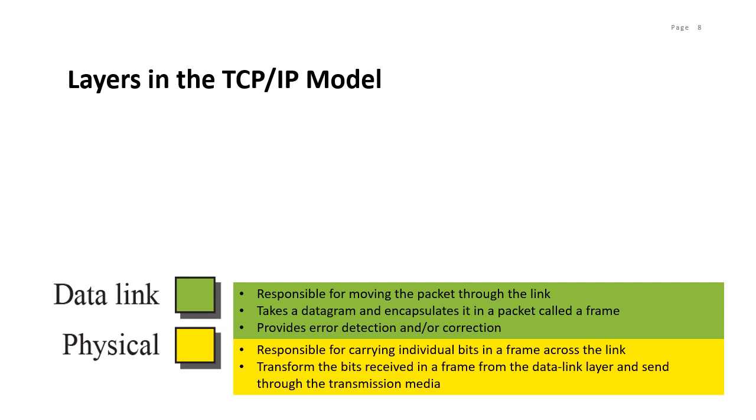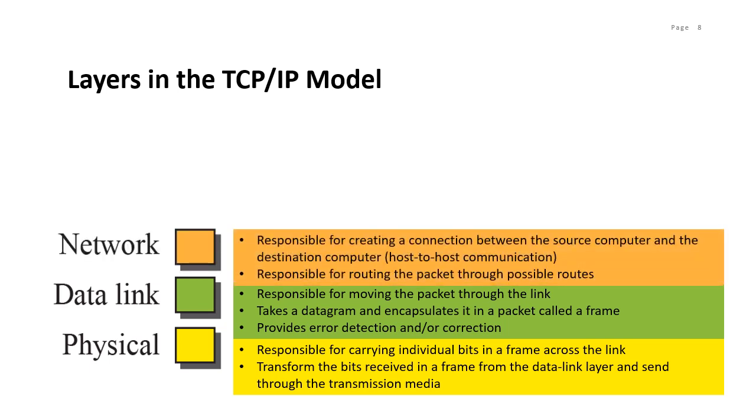Each link layer protocol may provide a different service. It could provide complete error detection and correction, or some might provide only error detection. Next, let's go to the next layer. We have network layer. Network layer is responsible for creating a connection between the source computer and the destination computer.